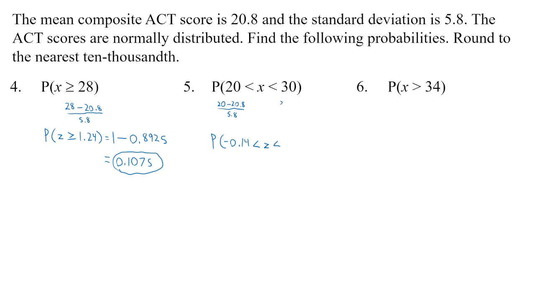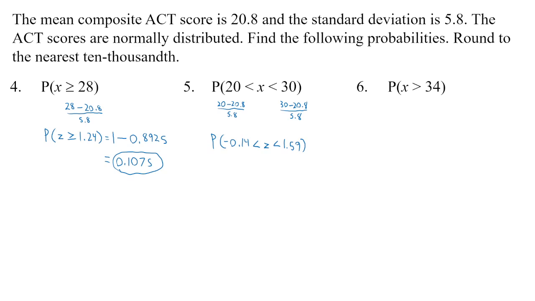And then we're going to do 30. So 30 minus 20.8 divided by 5.8, and that will be 1.59. Now again, you want to round your z-scores to the nearest hundredth because the z-table only gives the z-scores rounded to the nearest hundredth.